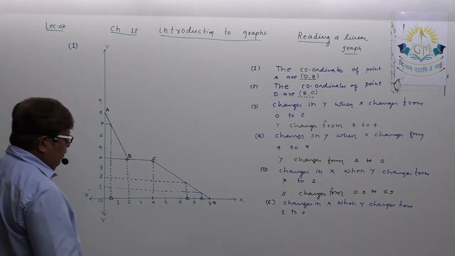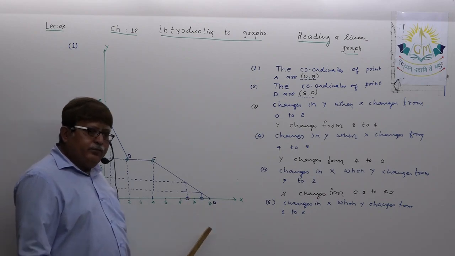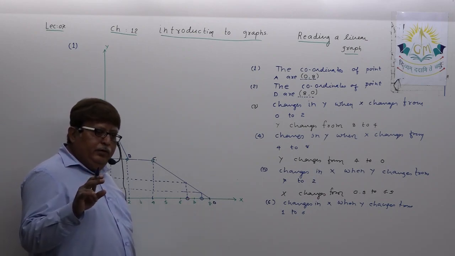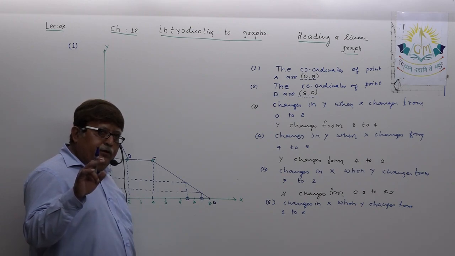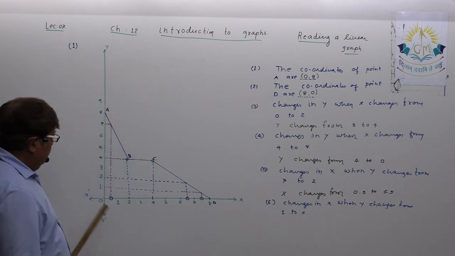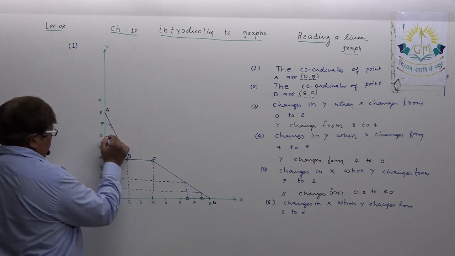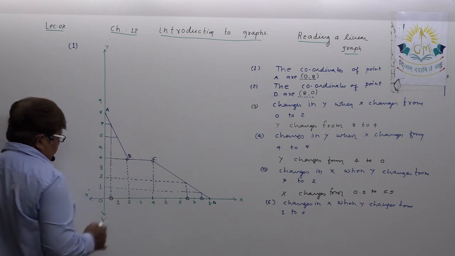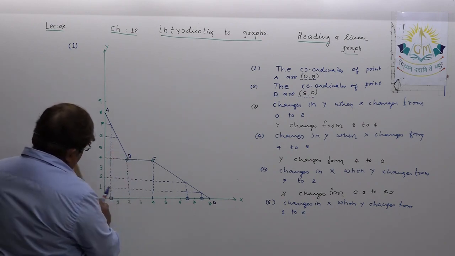There may be a minor variation. If I write 7.6, you have to write whatever exactly you are getting. Then for 6, a dotted line to meet the graph, and then one straight line. Understood?